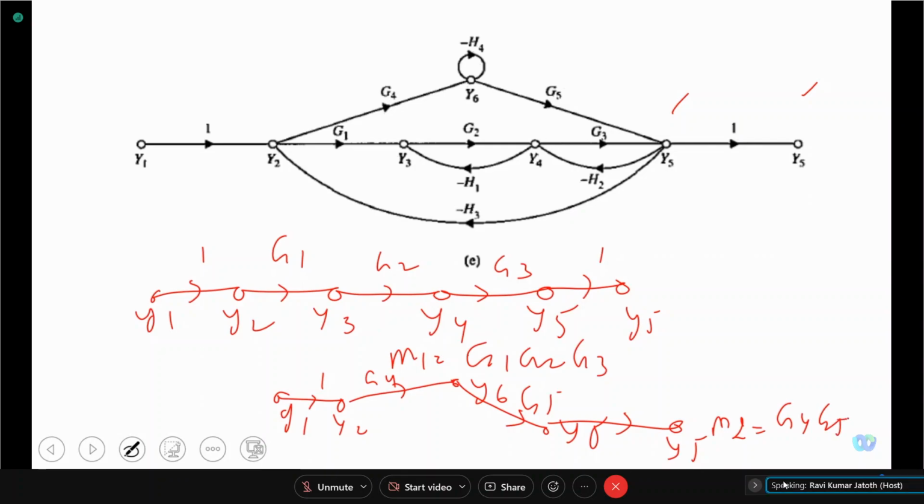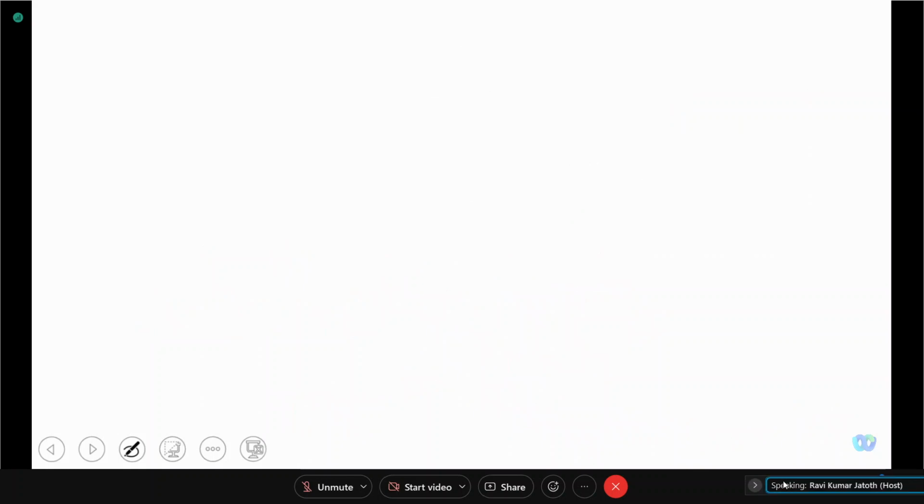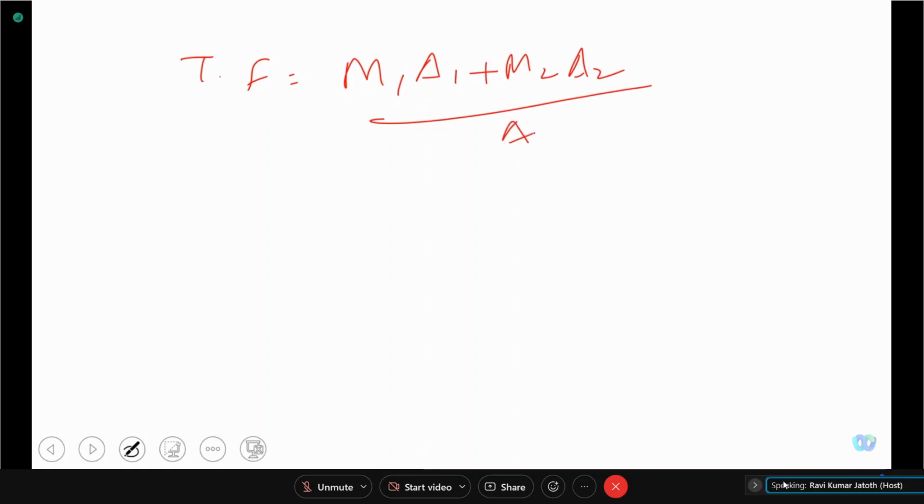So now, as there are two forward paths, the transfer function of this particular signal flow graph can be given by M1 delta 1 plus M2 delta 2 by delta. Okay. So now, is there any problem in finding out delta?